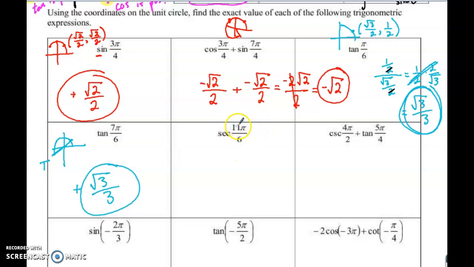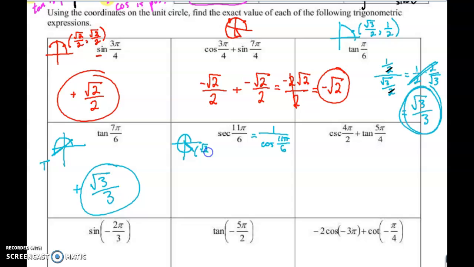Moving over to secant. Okay, well, 11 pi over 6, we're over here. Secant's reciprocal is cosine. So if it helps, you can rewrite this as 1 over cosine of 11 pi over 6. I don't typically do this, but you might. So that's the reference angle.